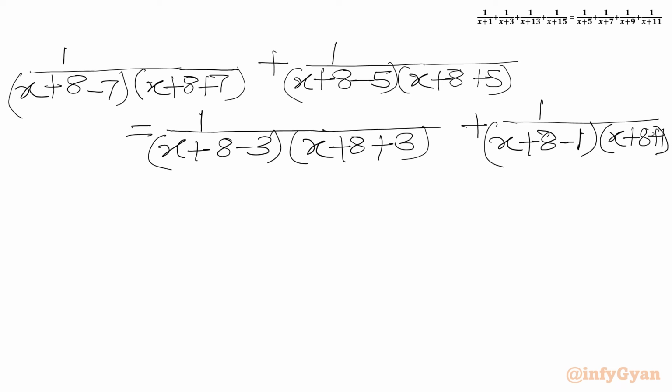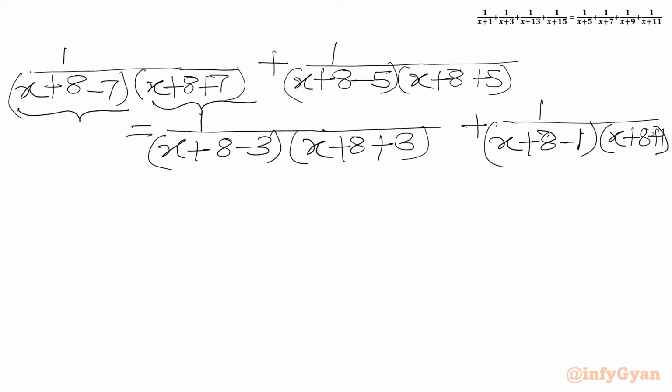Now x plus 8, x plus 8, x plus 8, minus 7 plus 7, minus 5 plus 5. You can see if we consider x plus 8 equal to a, then it is a minus 7 times a plus 7, which we can write as x plus 8 whole square minus 7 square using the difference of two squares identity.